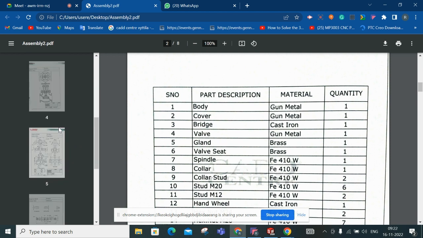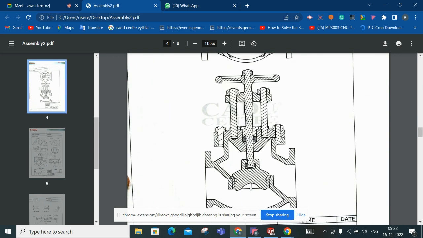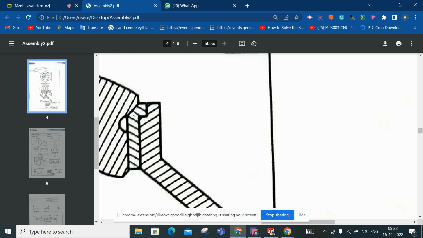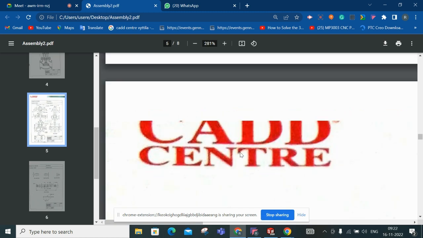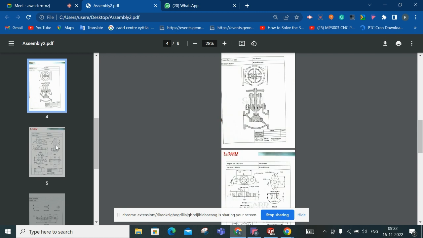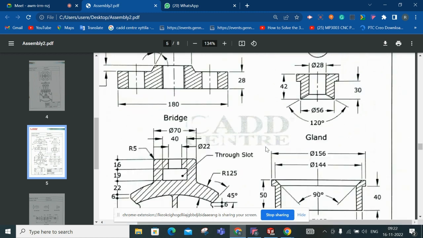Now look for the dimension. Look for the complete assembly. We can see here there is the valve. There is the valve seat. I can understand from that this portion of the valve seat is holding this valve. Now look for the valve seat dimension. Valve seat is nothing there itself, just close to this. Yes.